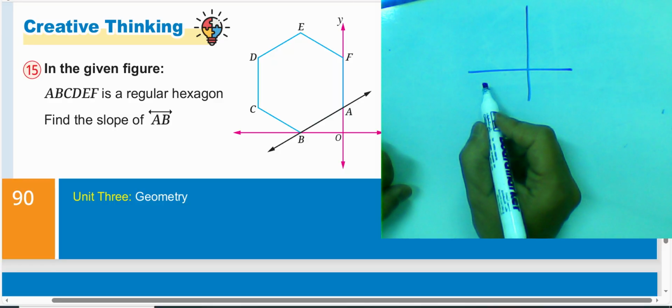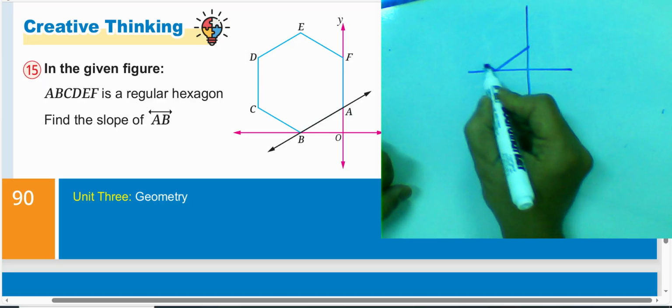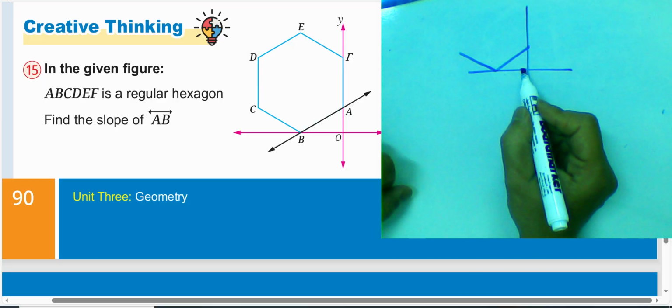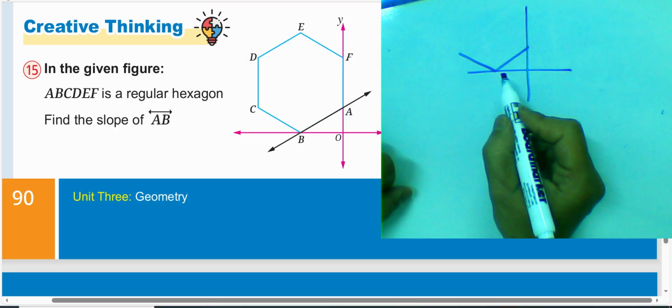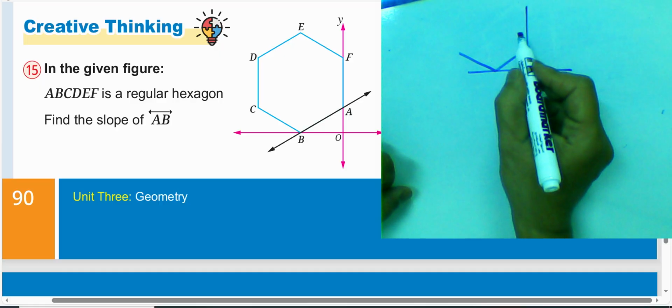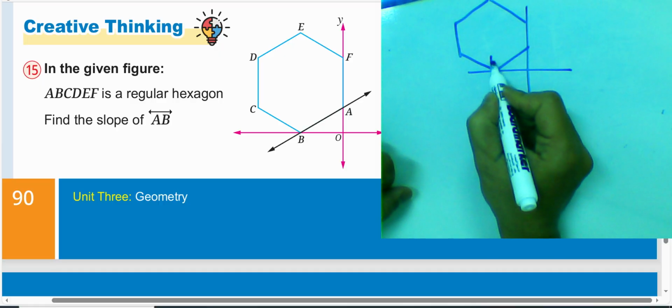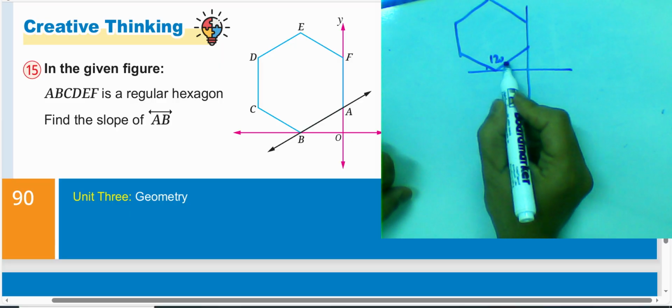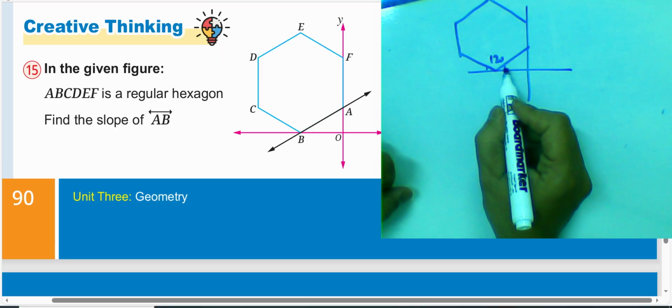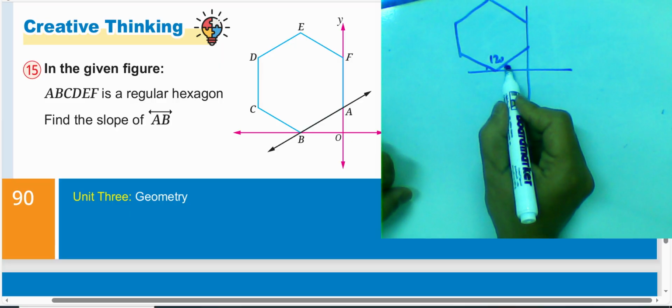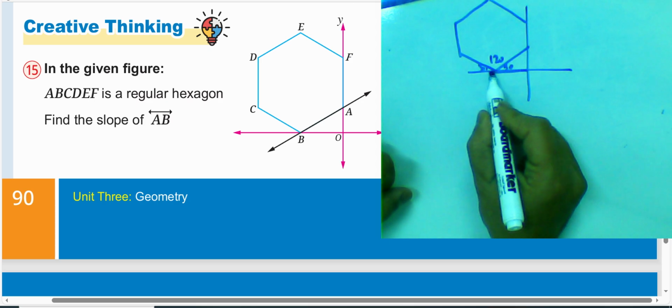Look, we have a hexagon. We know the sum of interior angles of a hexagon equals 720. 720 divided by 6, what will it be? It will be 120. This angle is equivalent, so 120 subtract 60, divided by 2 equals 30. This 30 and this 30.